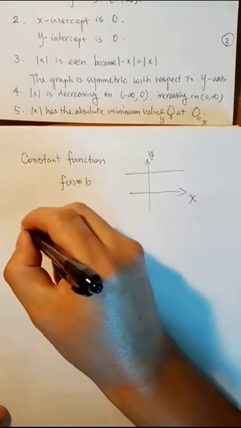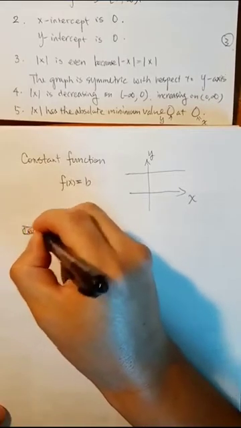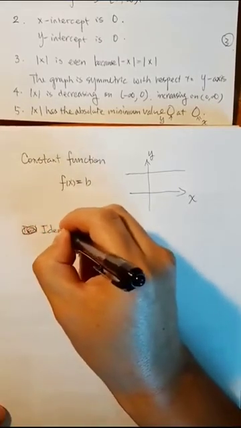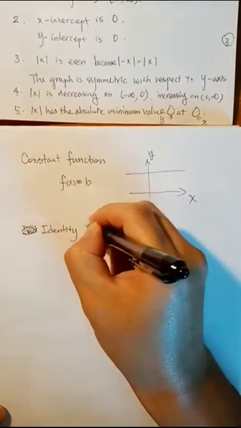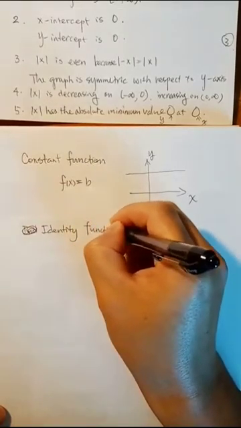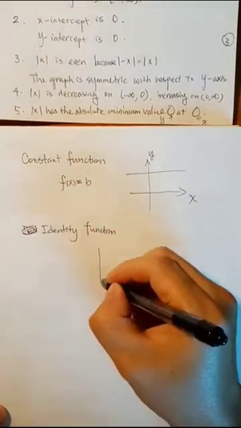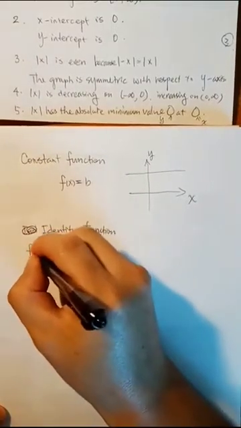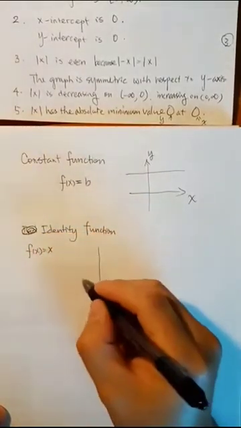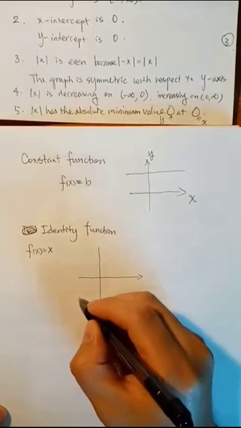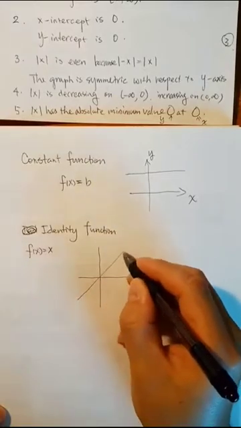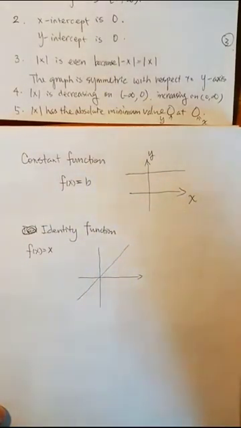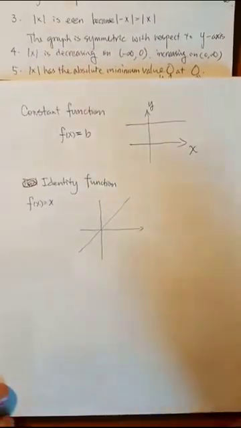And second, the identity function. The identity function is f(x) is equal to x. The graph is a diagonal through the first and third quadrants.